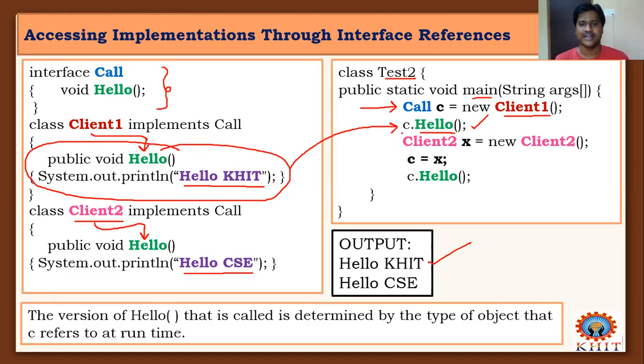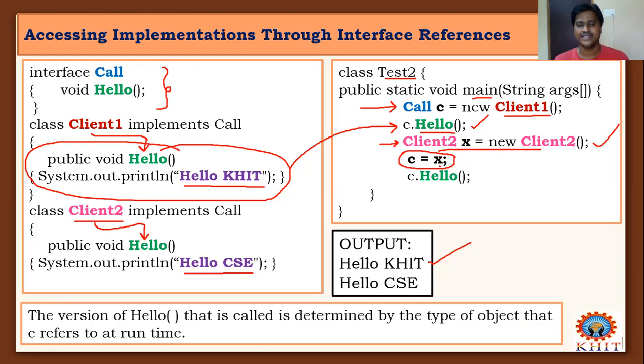Next, I want to use the same interface reference variable to call the client2 object's method hello. Then you can do this step happily. Create an object of this client2, x equal to new client2. Here it is the step declaring and defining an object of the client2 class. So this step is important here. C equal to x.